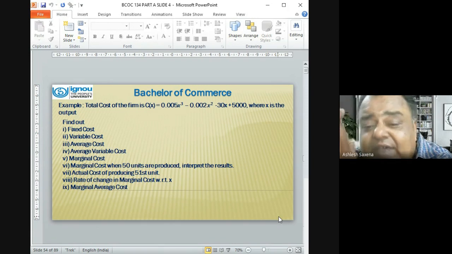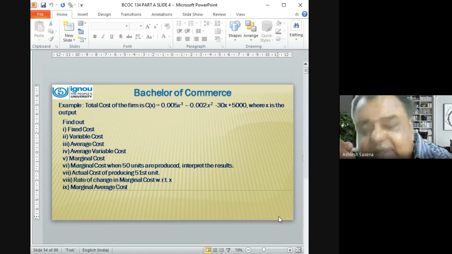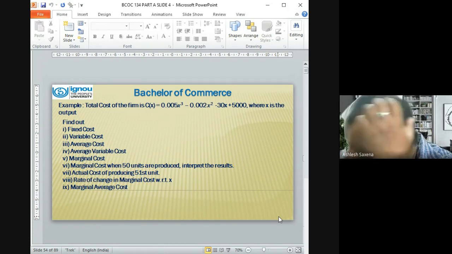Marginal cost when 50 units are produced, and you have to interpret the result. Next one is actual cost of producing the 51st unit. Rate of change in marginal cost with respect to x and marginal average cost.